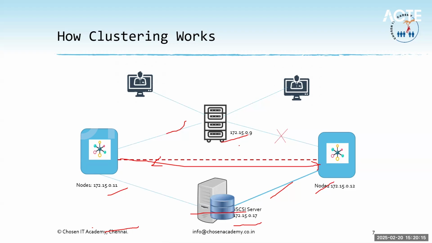So this web service will be available on this virtual IP for these clients. Invariably, even if one of the nodes goes away, the things would continue to work. So that's the idea of this.